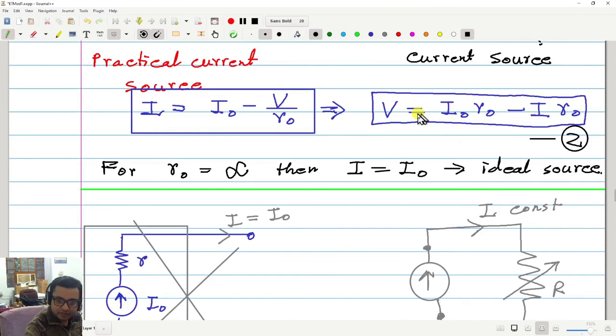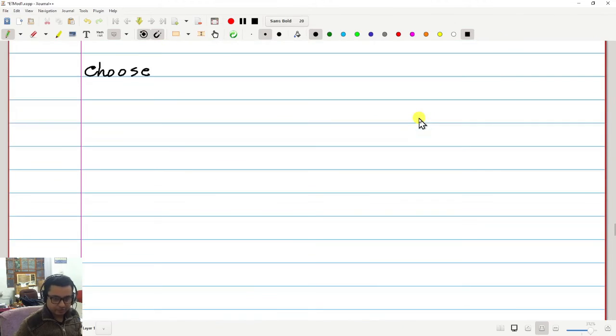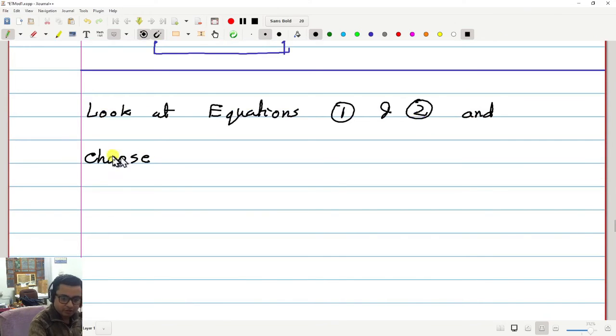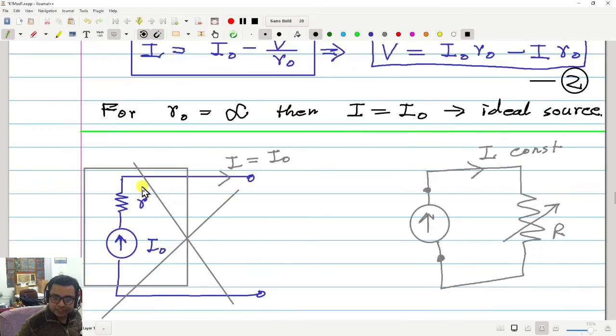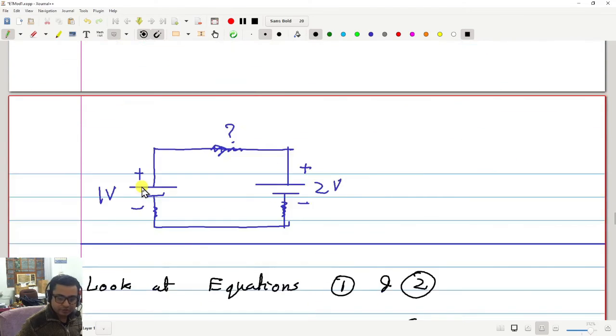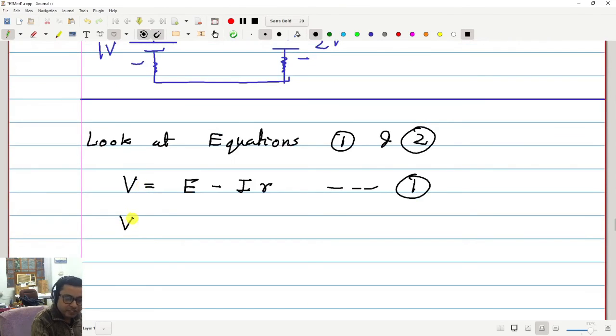Let me write them once again so that I don't have to scroll. V is equal to E minus IR is equation number 1, and equation number 2 is V equal to I naught R naught minus I R naught.